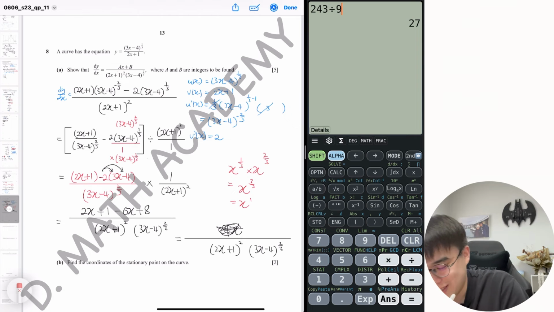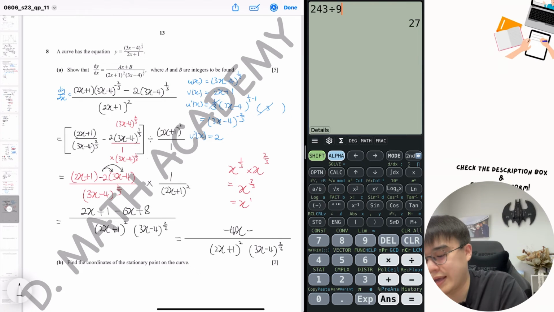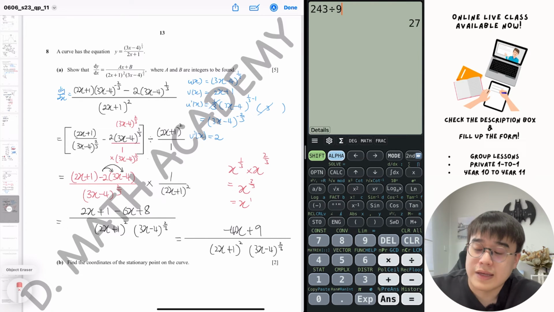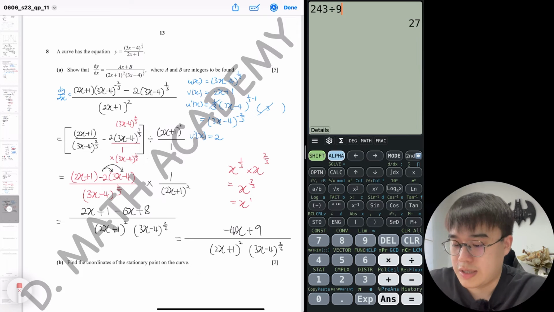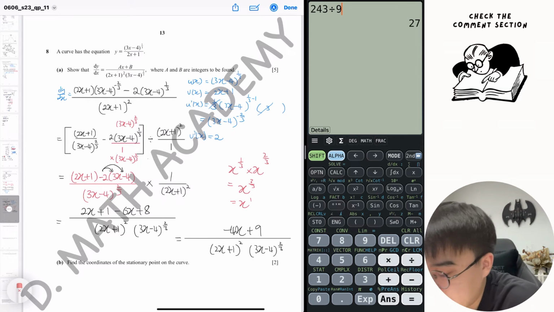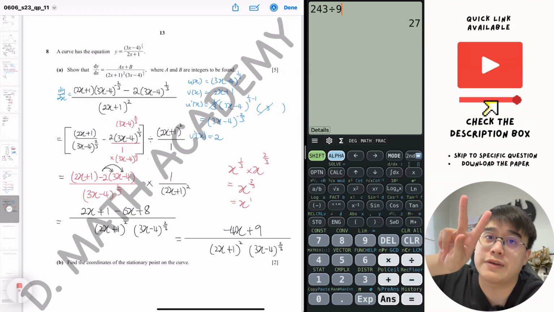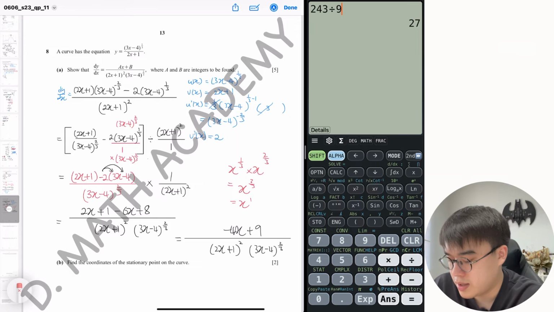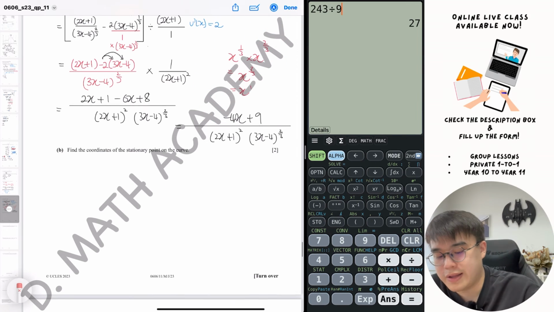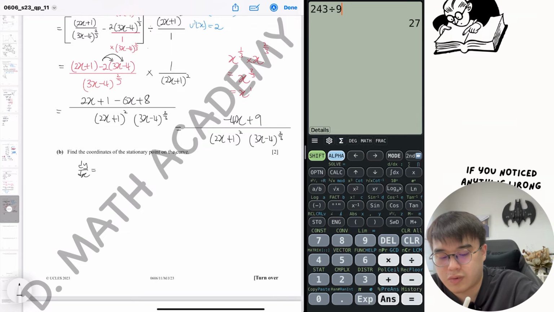So let me change the things up. Erase all this. I get a negative 4x followed by a 9. So the a here is your negative 4, and then your 9 here is the b. They wanted the x to be the front, that's why I rearrange it this way. Stationary point is something very straightforward. It means that your dy dx is equals to 0.